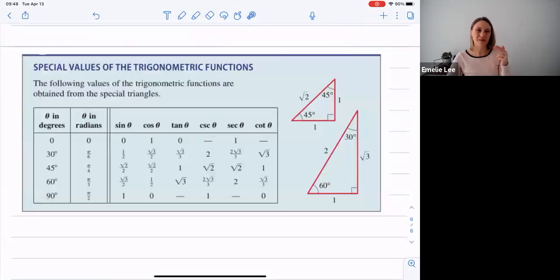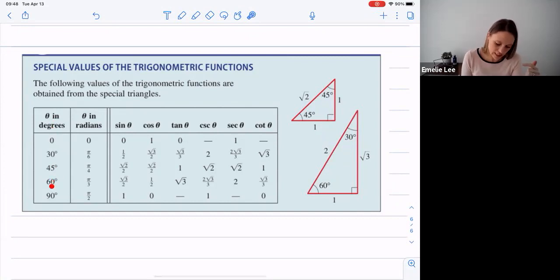It's going to look very familiar because we've already talked about these. Okay, so regardless of if you want to have a unit circle like we did earlier, or if you want to have the special triangles, either way, if your theta is in degrees, then you can convert it to radians. If you're more comfortable working with radians now, that can happen because we've worked so much with radians.